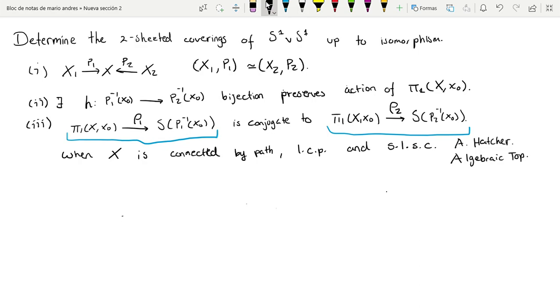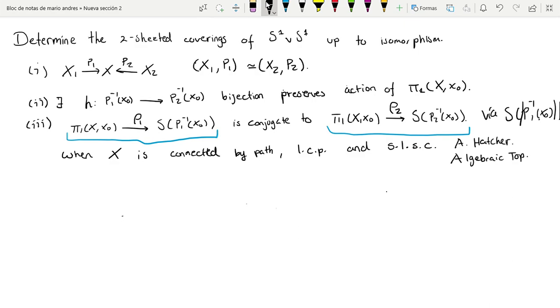Are conjugate via S sub 2, that is, well, via S of the cardinal of the fiber, that in our case is 2, right? What does this mean?